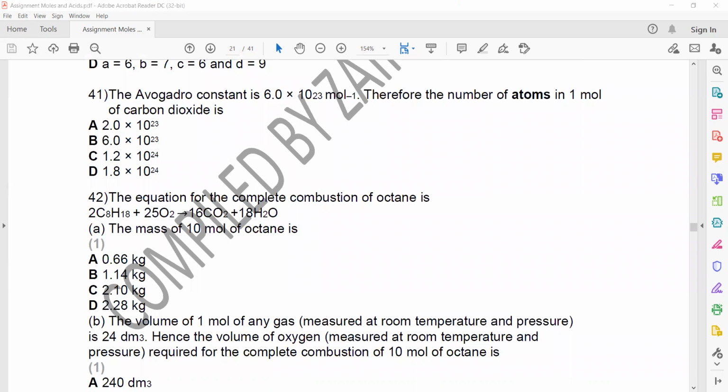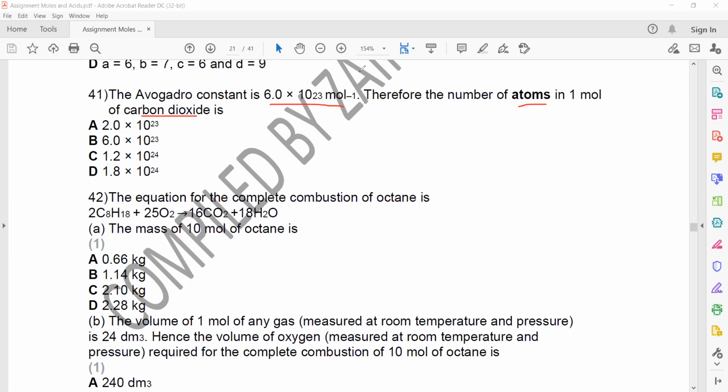In question 41, the question is: the Avogadro's constant is 6 exponent 23 per mole. Therefore, the number of atoms in 1 mole of carbon dioxide.